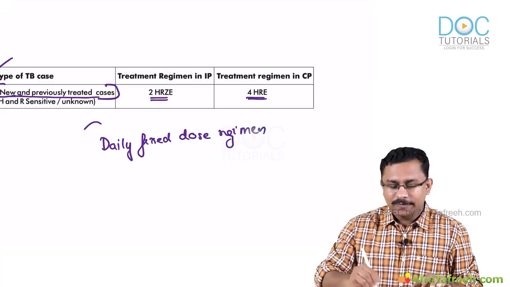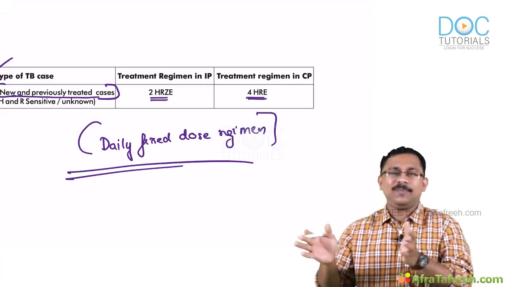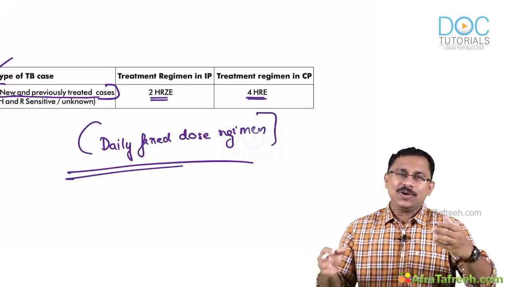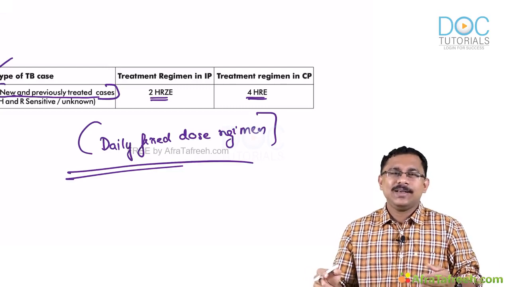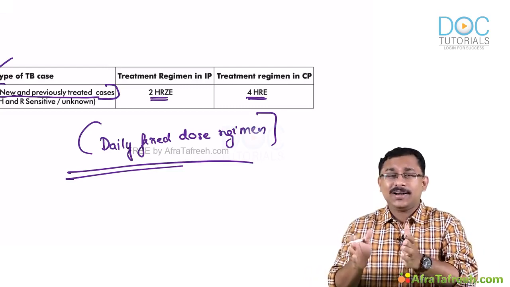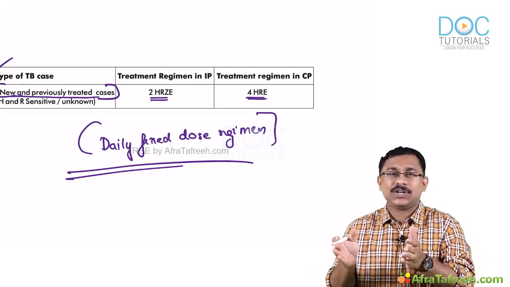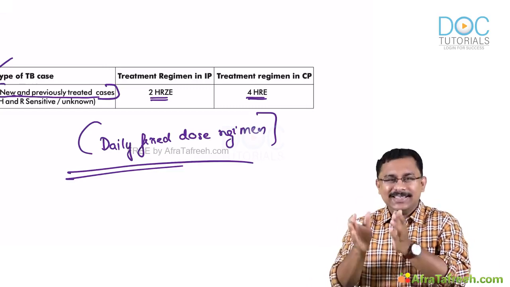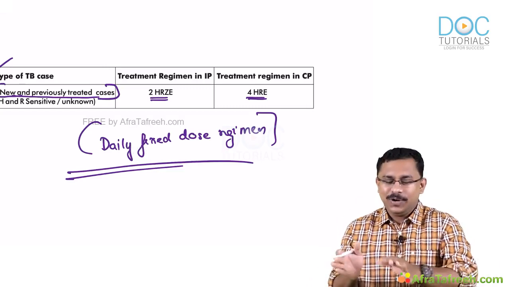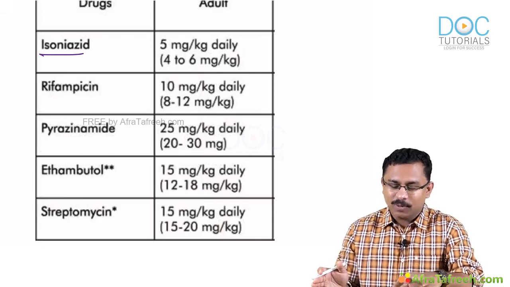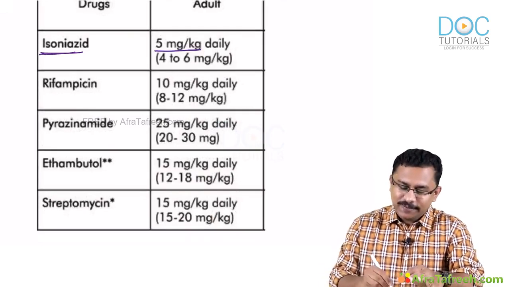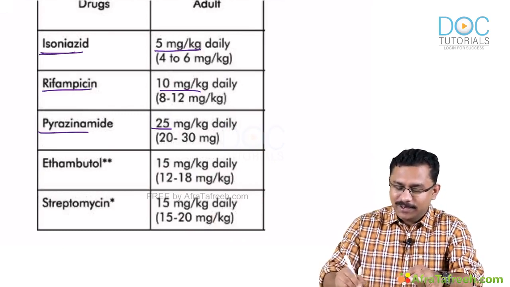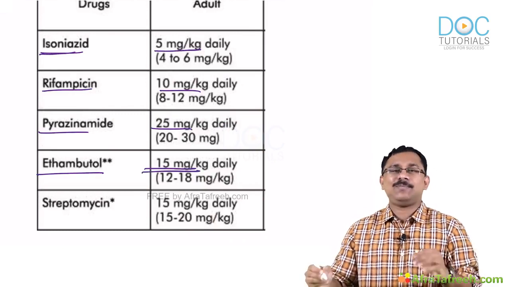Previously, even in the previous RNTCP, they were saying daily dose, but I just want to tell you it is not like you give it once in 3 days or so. It is given daily. That is what is currently followed. And what is the dosing schedule? For INH it is 5 mg per kg, rifampicin 10, pyrazinamide 25, ethambutol 15 mg per kg.